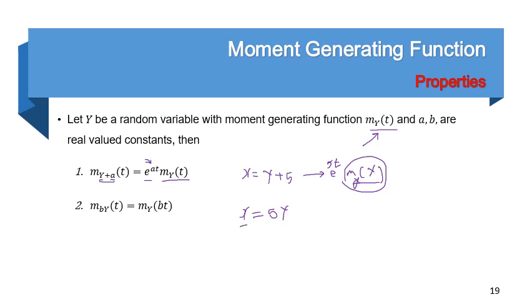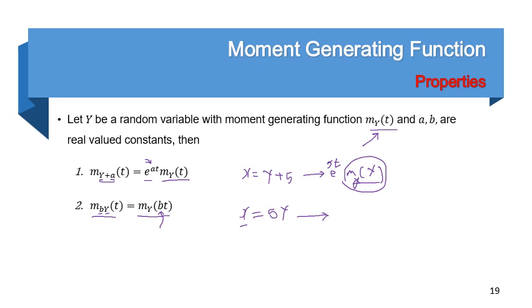So what is the new MGF here for 5 multiplied by y? It's the same original MGF I gave you, but you replace each t inside your function by 5t. So here I can do it like I did the previous one.